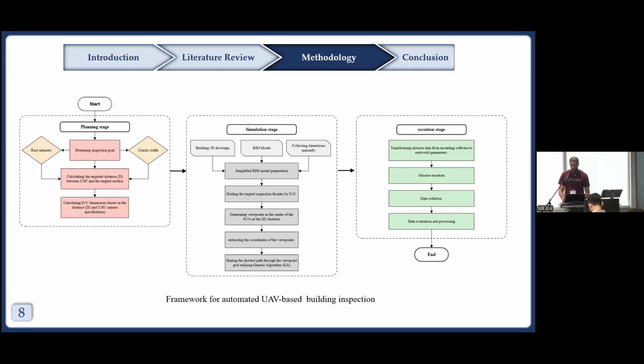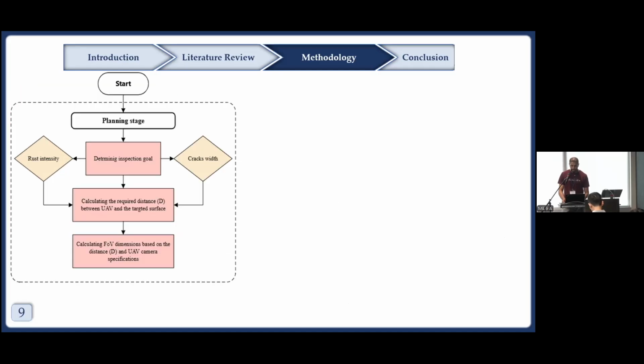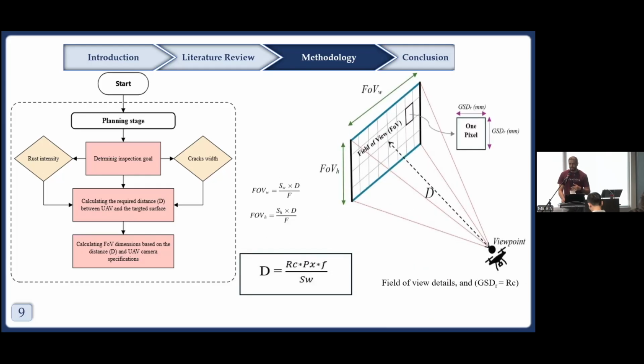Our framework consists of 3 main stages: planning, simulation, and execution stages. The first stage is the planning stage. In this stage, we determine the inspection goal, which is the crack width or the rust intensity.